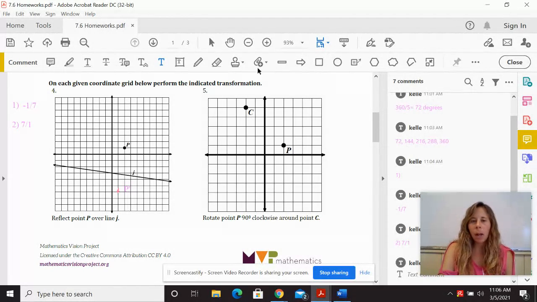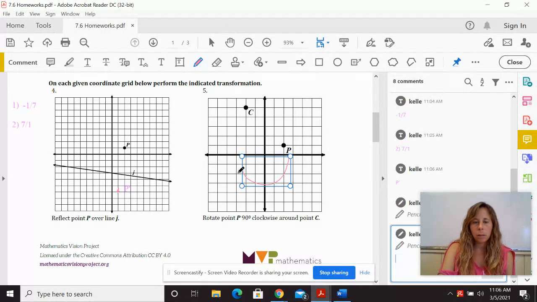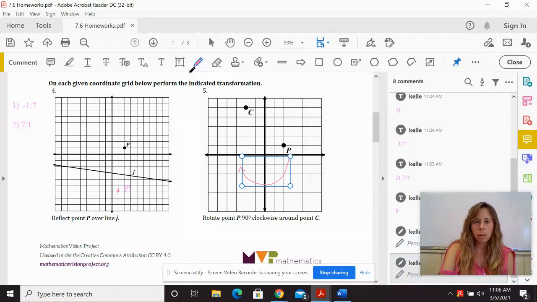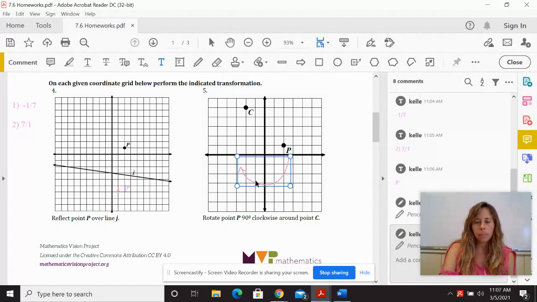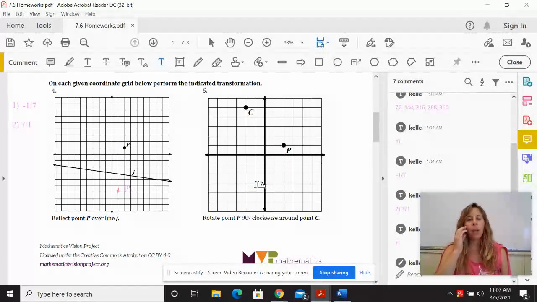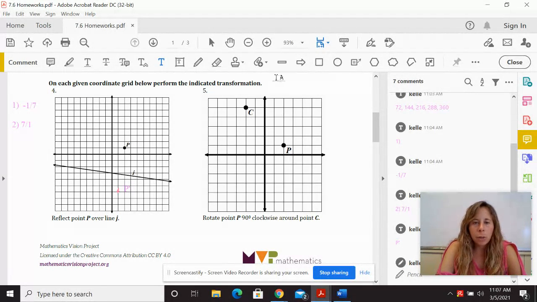Okay, 90 degrees clockwise means I'm going in the way that a clock ticks, so I'm going in this direction. Yes? Okay, so clockwise means I'm going in this direction. All right, so what I'm going to do is connect P, which is the point I'm rotating, to the point I'm rotating around, my center of rotation.